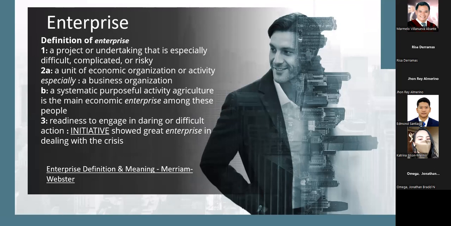A unit of economic organization or activity, especially a business organization. A systematic, purposeful activity, mainly on agriculture, as in agriculture is the main economic enterprise among these people. Readiness to engage in daring or difficult action, as in initiative shown great enterprise in dealing with the crisis.